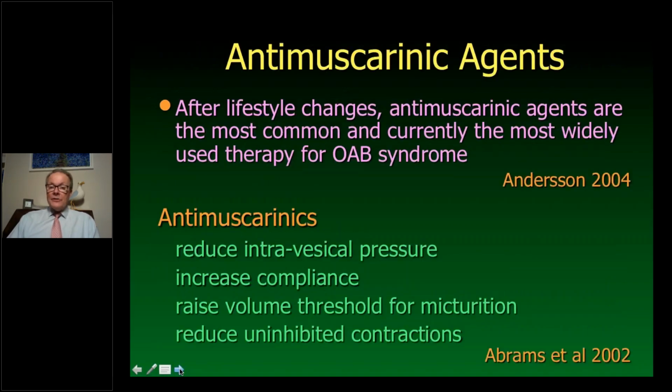However, after lifestyle changes, antimuscarinic agents are currently the most commonly and most widely used therapy for overactive bladder, and antimuscarinics work by reducing the bladder pressure, increasing bladder compliance, raising the volume threshold for micturition, and also reducing the number of uninhibited detrusor contractions.